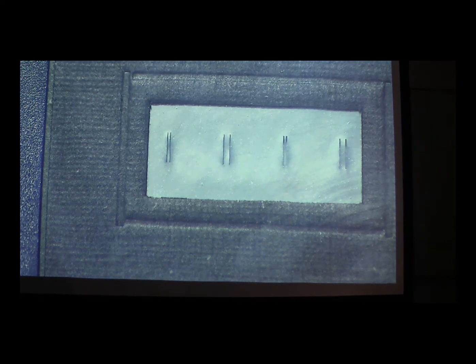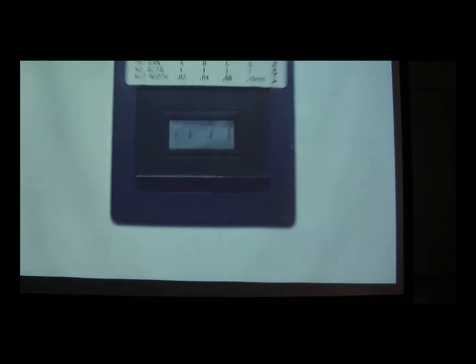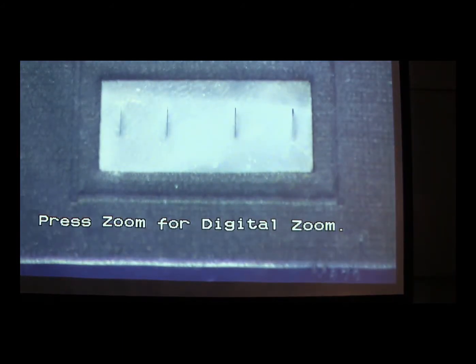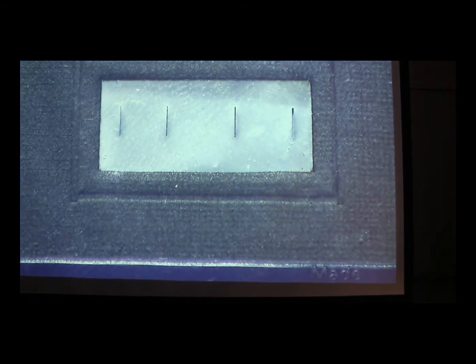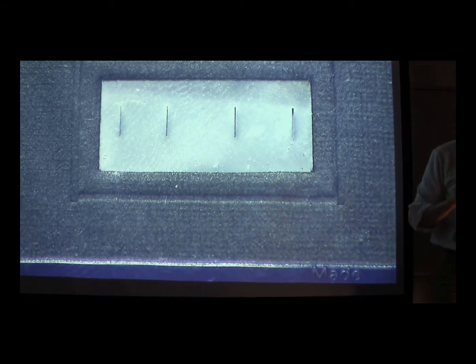What we're going to do now is use a different slide, a slide with only a single slit. So here we've got 4 single slits. I'm going to send the laser through just one of these slits and see what kind of pattern we get. Here we see the laser without the slit, and now I'm going to put the slit in front of it.